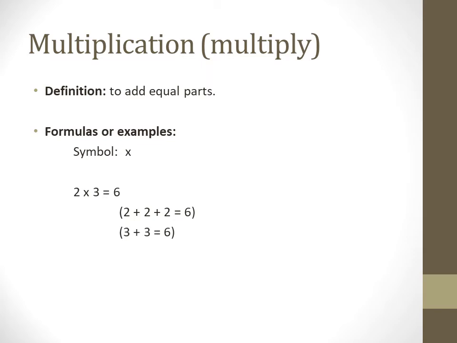Or you could even consider it like this. 3 plus 3 equals 6. All right? Our part is 3. We have 2 equal parts. We're getting 6. So, again, if I ask you to multiply or to times a number, remember that it is multiplication.